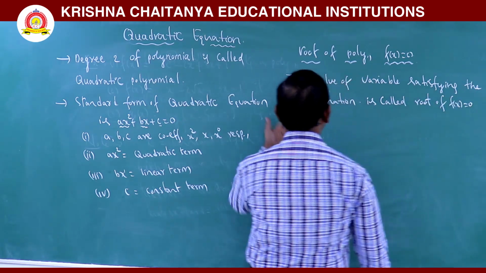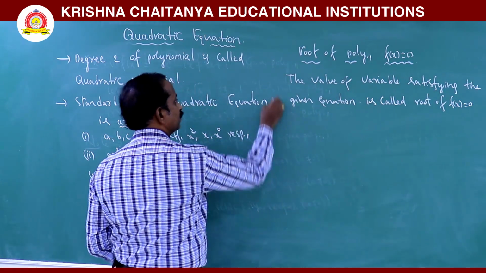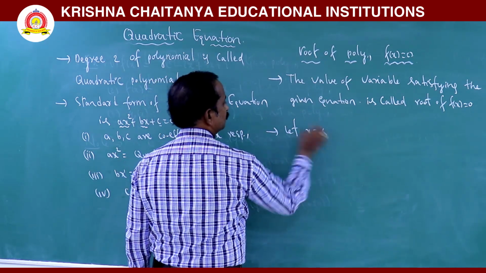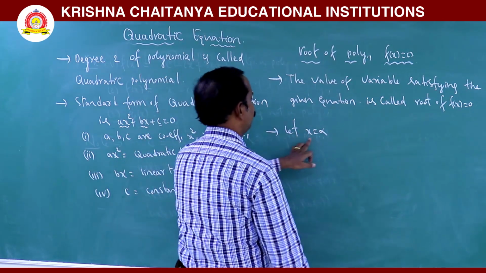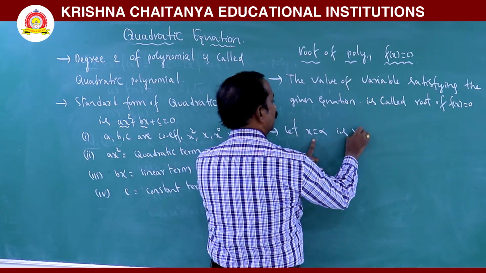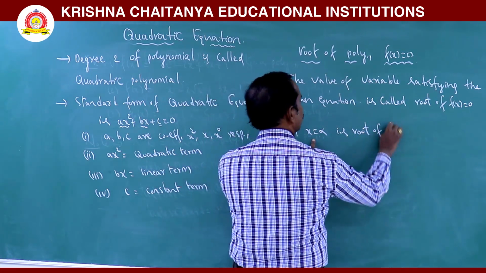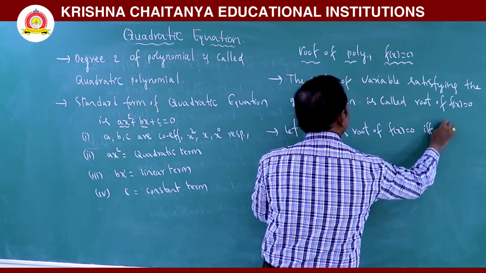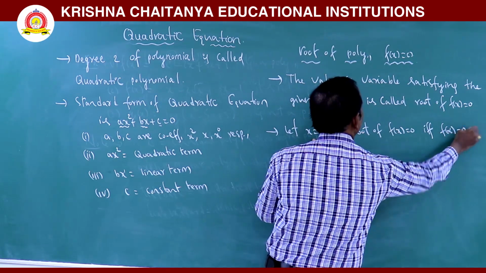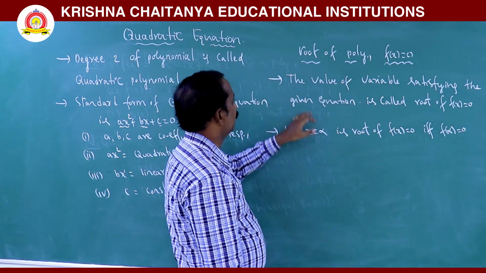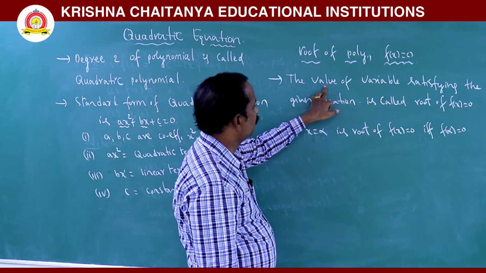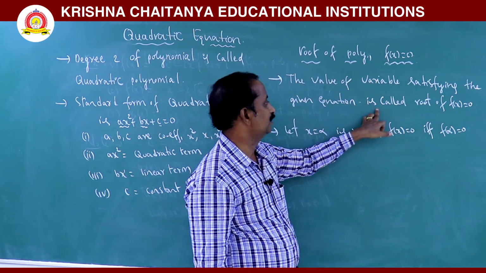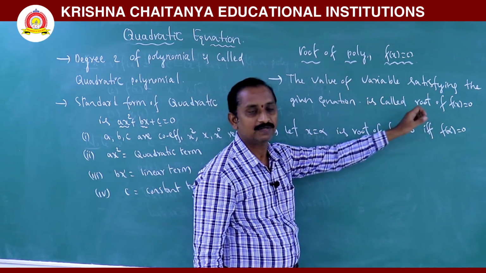We move to an example. Let x is equal to alpha be a root of f of x is equal to 0, which implies f of alpha is equal to 0. The value of the variable satisfying the given equation is called the root of f of x is equal to 0.